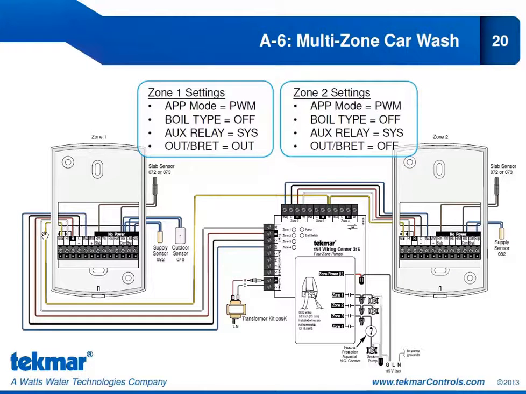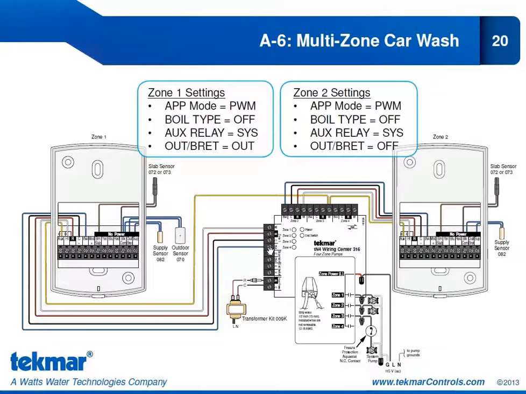So the auxiliary relay from Zone 1 will come into the W on Zone 3, and the auxiliary relay from Zone 2 is also coming into that same W. So that means whenever either one of those 654s is in melting, idling, or storm operation, we are going to be operating this system pump. And you can see the freeze protection aquastat is wired in line with that pump, so when we do approach freezing, we will open this normally closed contact and there will be no power at the system pump.